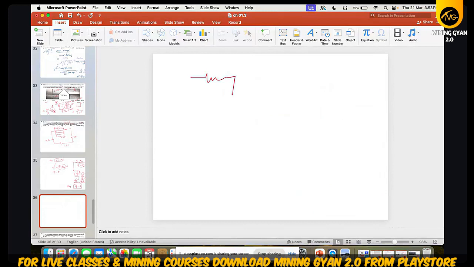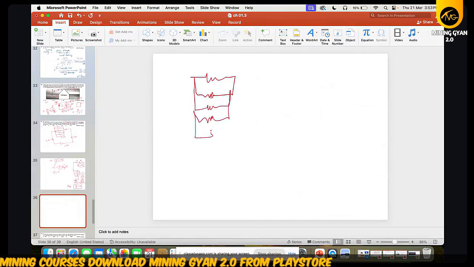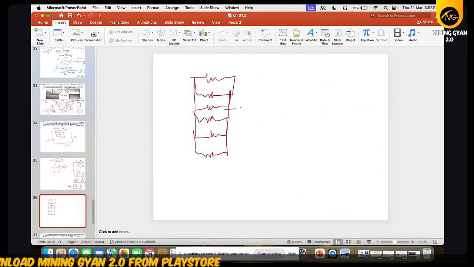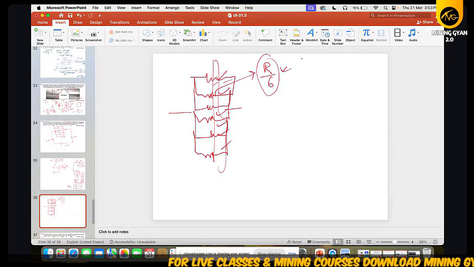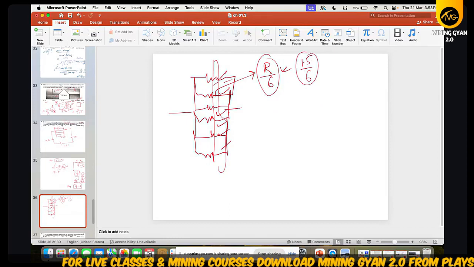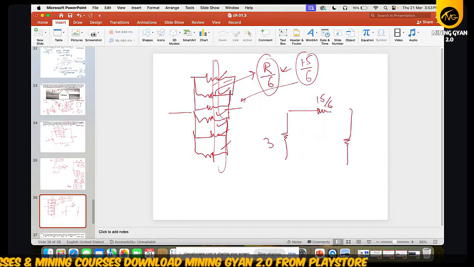Okay, suppose ये आपके पैरेलल में है तो इनका R equivalent आता है R by 6, जितना भी है ना. 1 2 3 4 5 6, so these are the 6 resistances, so it will be 1.5 by 6. And we know this is the 3, and we know this is the 3, this is also in series.